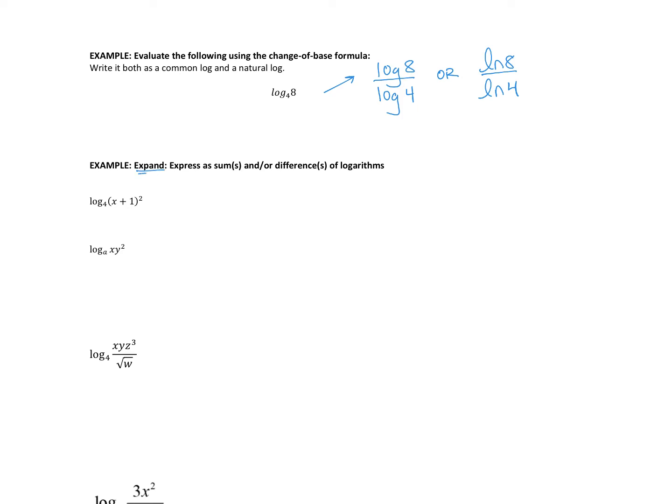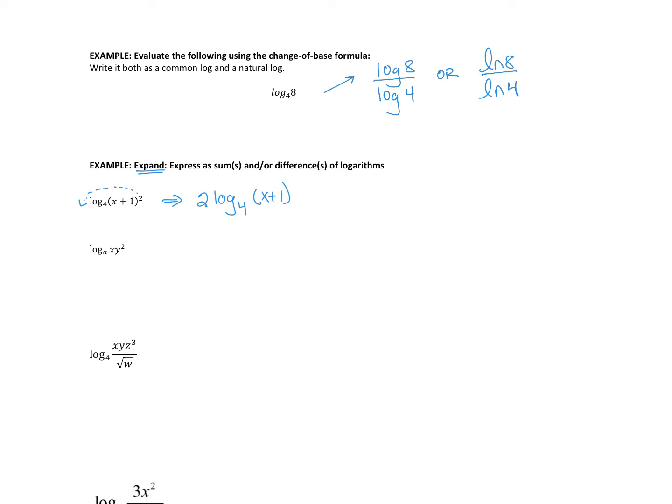In calculus, we often need to expand, in other words, express a logarithmic expression as a sum or difference of logarithms. So in this particular case, the first one, we're going to use our power rule, and that's going to give us 2 times the log base 4 of x plus 1.